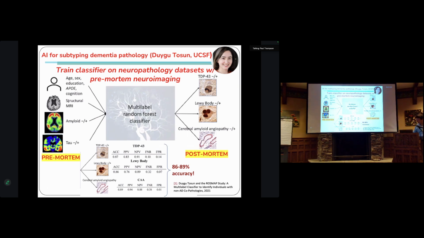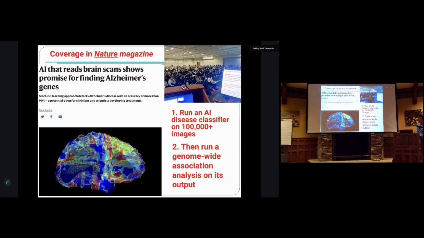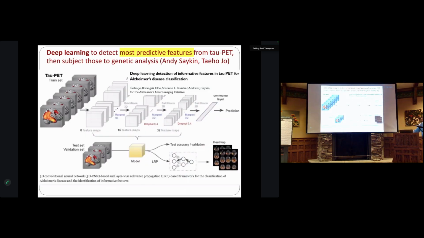You can't tell. It might be a new type of PET scan that would help, but the main scans cannot tell. The other one, this is some recent coverage, is AI that reads brain scans shows promise for finding Alzheimer's genes. How does that work? If you run an AI disease classifier on 100,000 test images, you could then run a genome-wide association analysis on its output to discover genes that affect the disease, and people are doing this. Let's say you feed in PET scans and a CNN finds regions in the image that help you predict Alzheimer's disease.